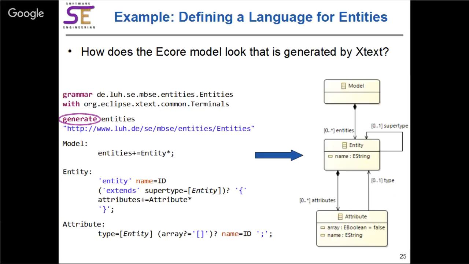I think it's not that we give it an explicit default value, but I think the default value of Boolean is false, and so this is rendered this way in this diagram. Actually, it doesn't matter what the default value is, because the grammar says if we see the square brackets, we will set array to true.